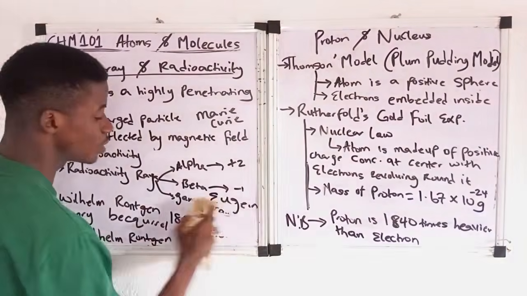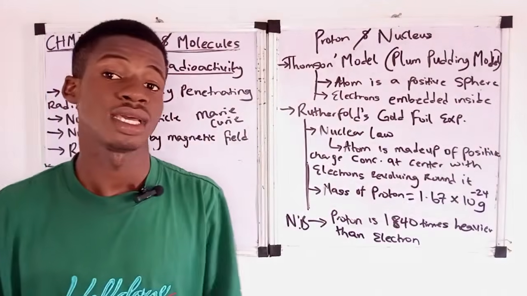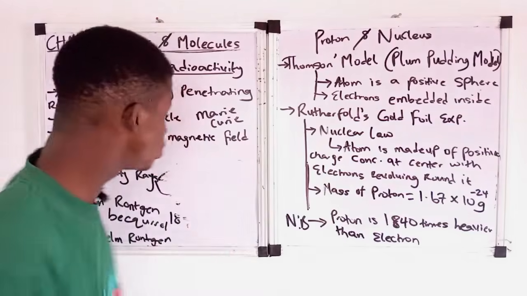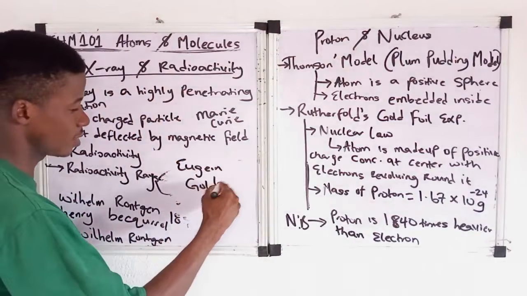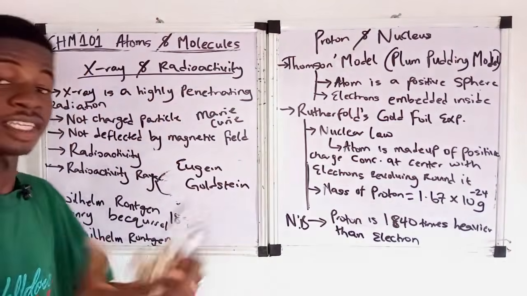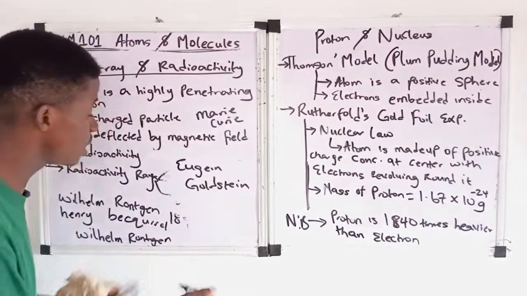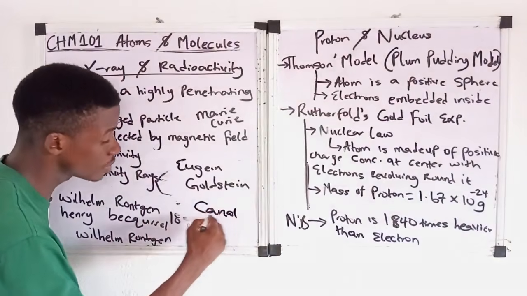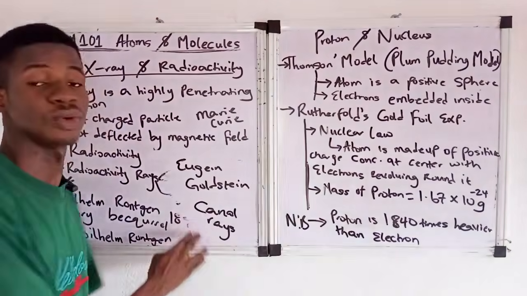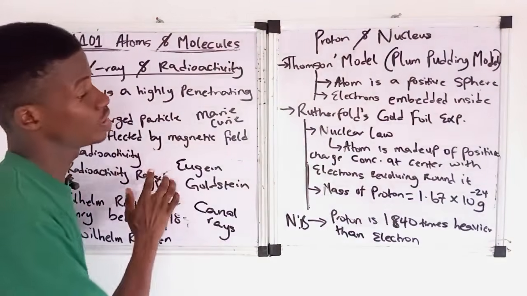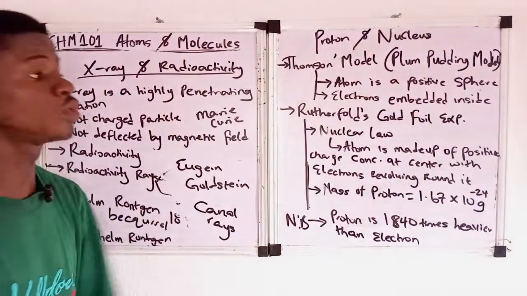Eugene Goldstein was the very first person that talked about the proton. When he discovered it, he named it canal ray. So that's to tell you that proton was first called canal ray, and it was first discovered by Eugene Goldstein. Then fast forward to the Rutherford gold foil experiment.